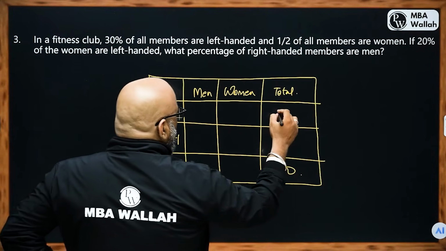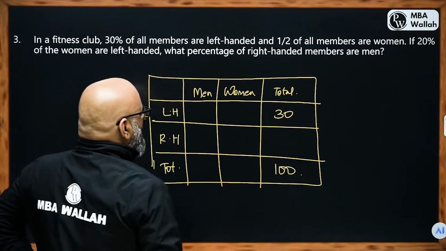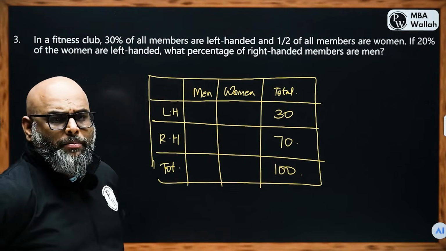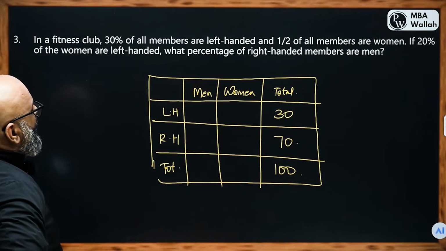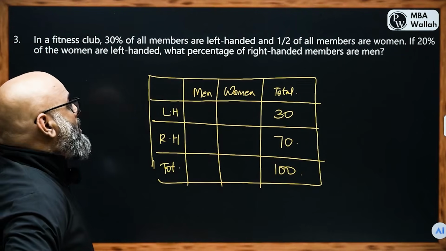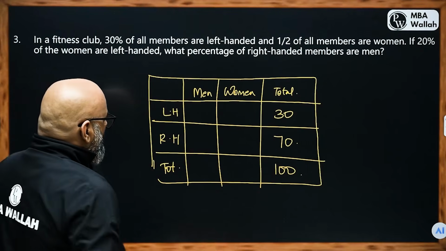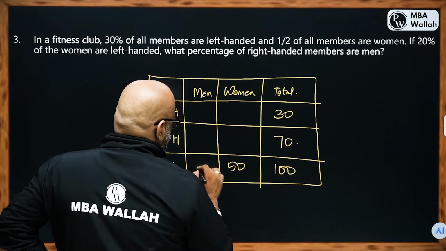Out of 100, 30% is 30. So the remaining all must be right-handers, which is 70. And half of all members are women. So half of the entire total happens to be women, which means women are 50, men are also 50.